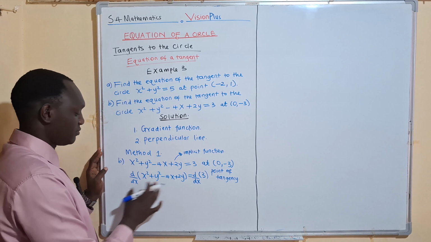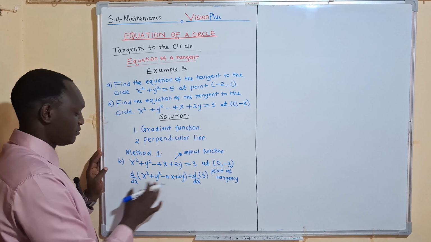If we differentiate x squared, what do we get? We get 2x. Plus, if we differentiate y squared, we get 2y, but this is a function in y, so we shall say dy, but with respect to x, dy/dx.